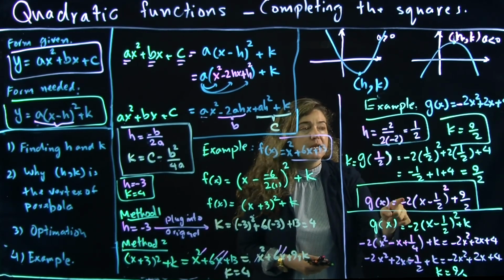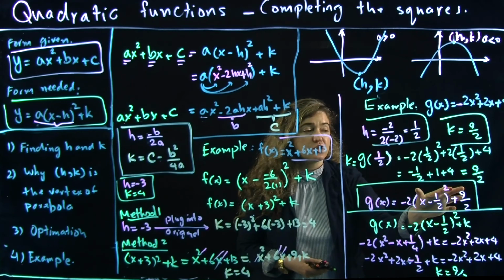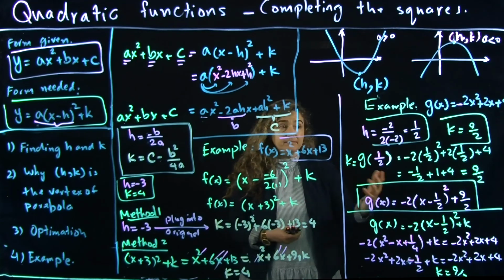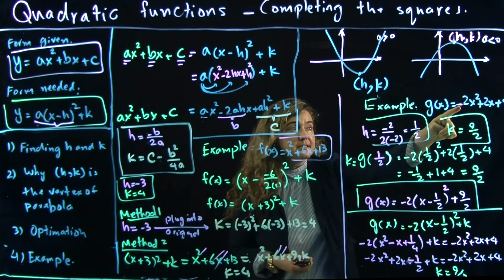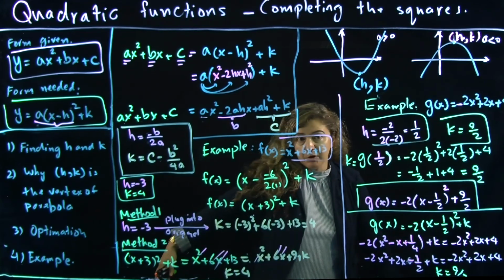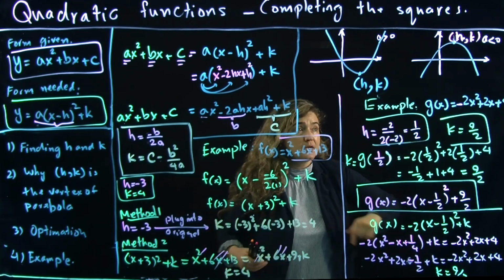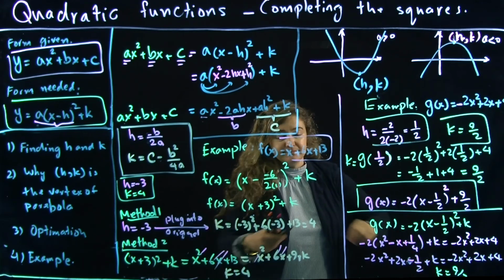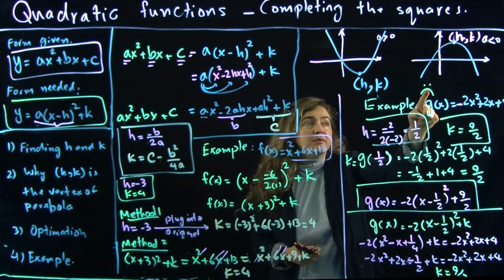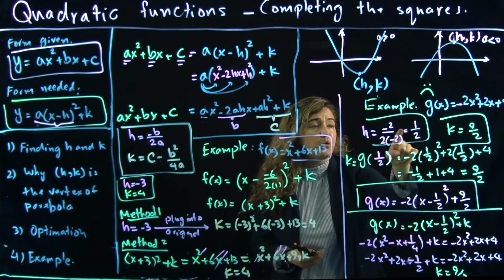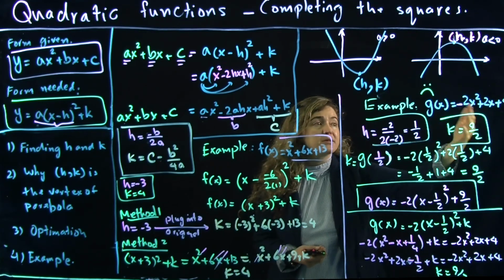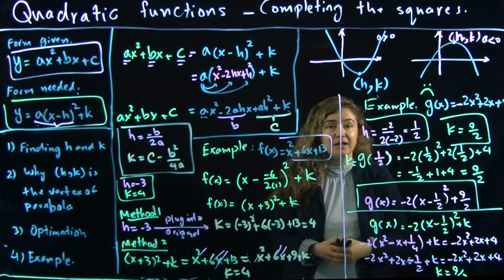And that would be a times (x minus h) to power 2 plus k. And again, since a is a negative value, the parabola is looking downward. That's a sad face. And the maximum is at the point (1/2, 9/2). And so the maximum y value of the parabola is 9/2.